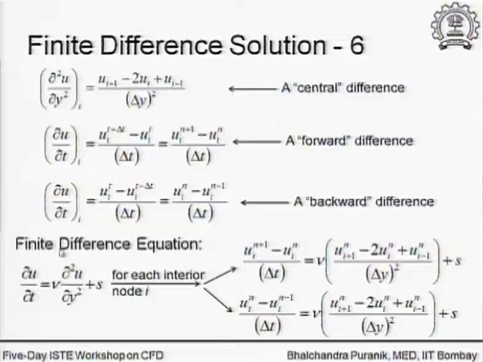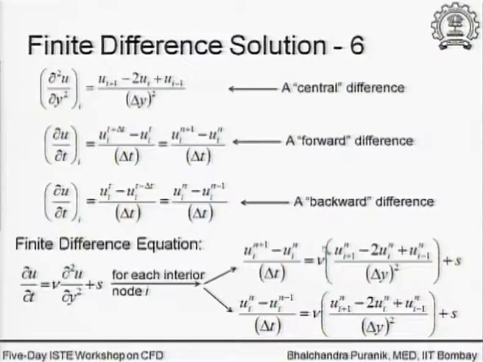Accordingly, the finite difference equation corresponding to the original differential equation which we started with, for each interior node i, can be written using either a forward time and central space approximation, or a backward time and central space approximation.